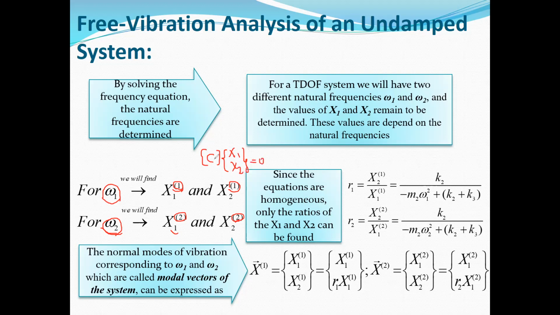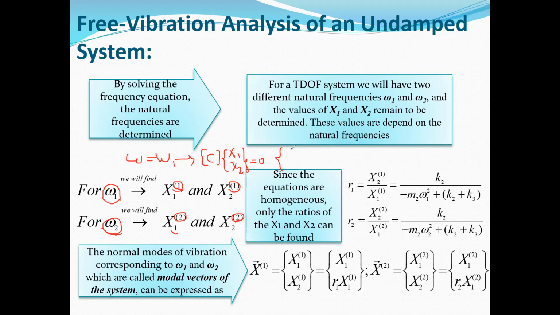In this system of equations, if you substitute omega equal to omega 1, because omega 1 is the eigenvalue of this system, you will see that instead of two algebraic equations, we can only extract one equation, because both equations result in the same equation.